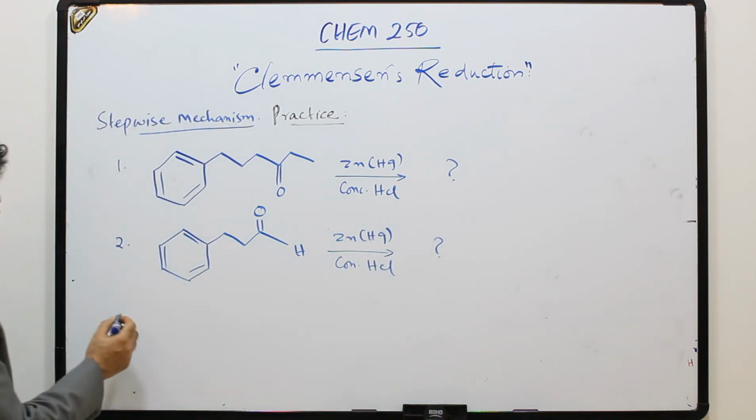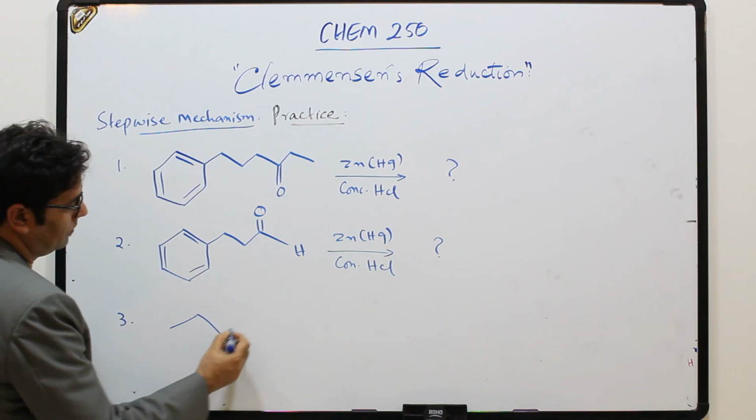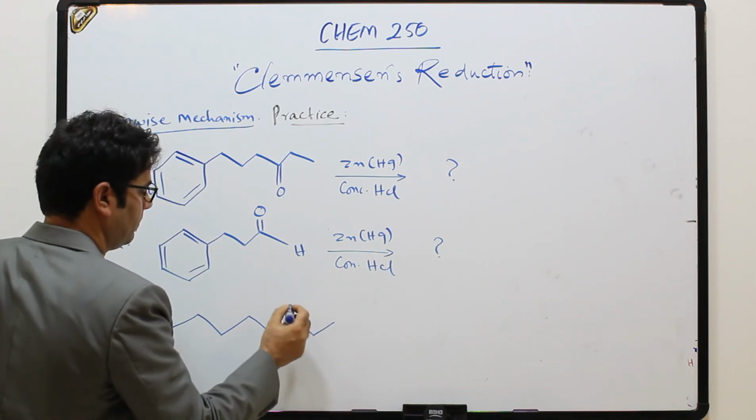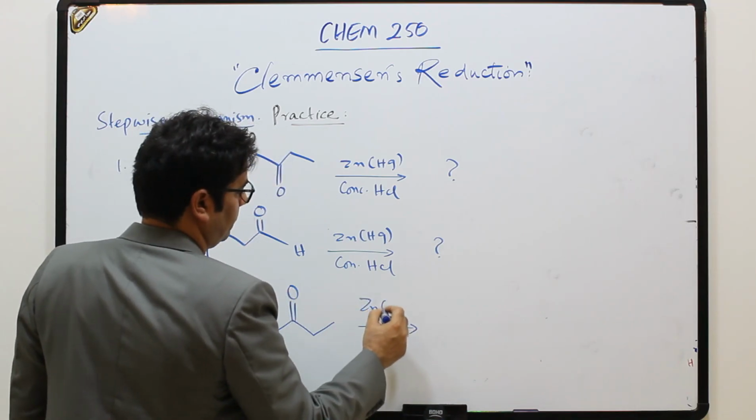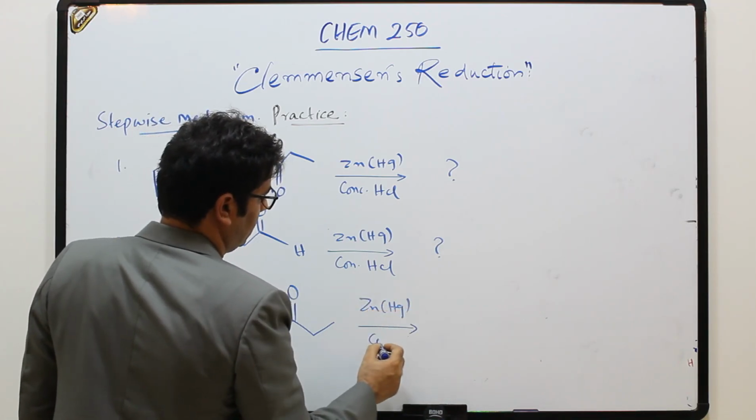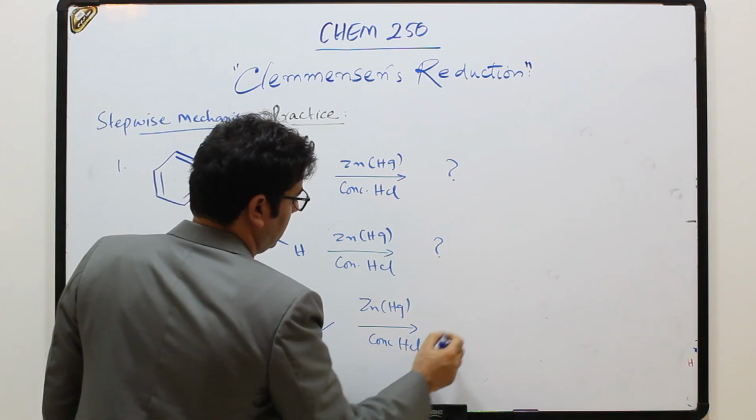Another practice problem, number 3, zinc mercury, concentrated HCl.